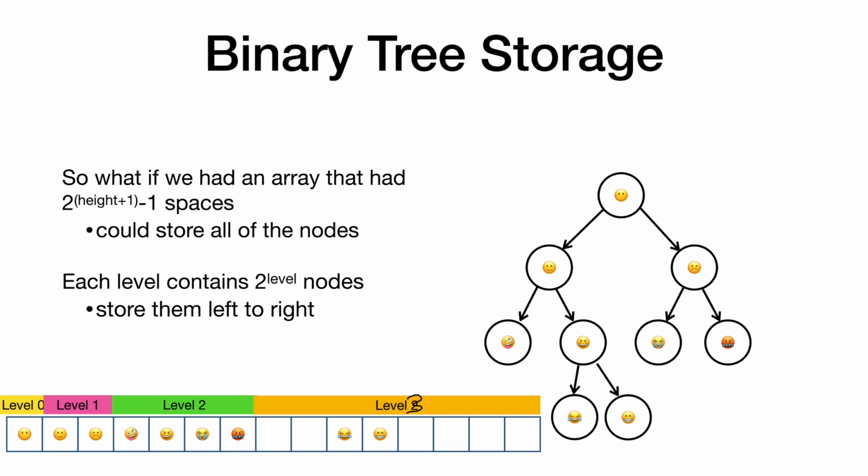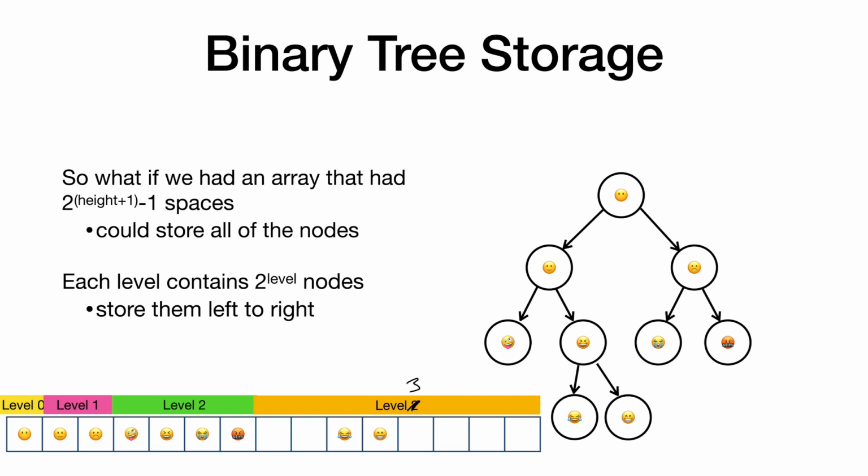Level 3 has all 8 nodes from left to right. If they don't exist, that means they're not in the tree. So that way, we can reconstruct the tree.